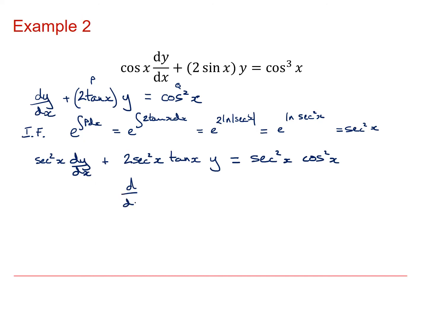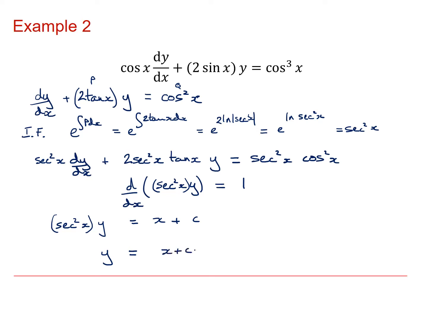It's d by dx of my integrating factor times y, and that's equal to sec squared x times cos squared x, and sec squared is 1 over cos squared, so this is just 1. Integrating both sides, I get sec squared x times y is equal to x plus c, and rearranging, y is equal to (x plus c) times cos squared x.